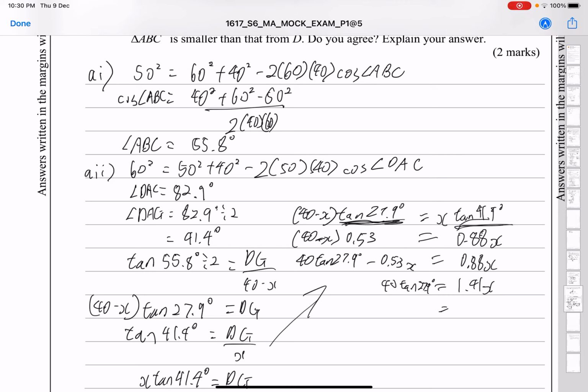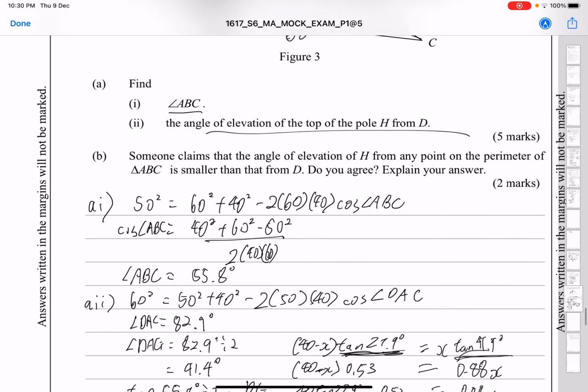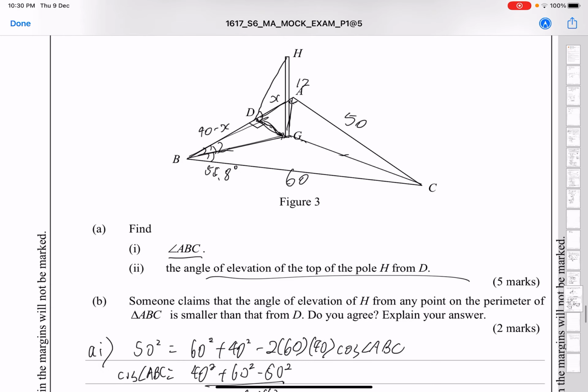So x will be equals to 15 after a bunch of calculations.